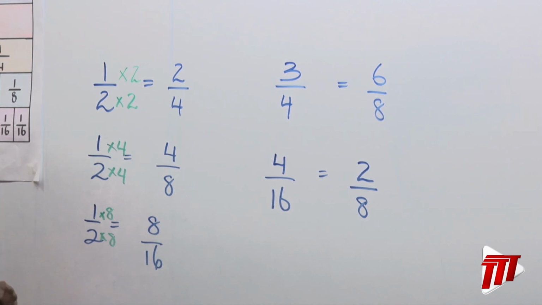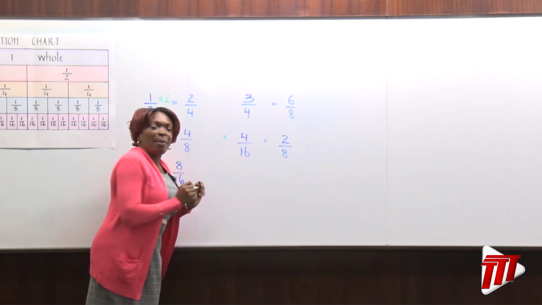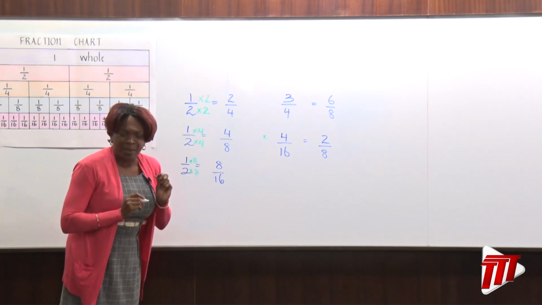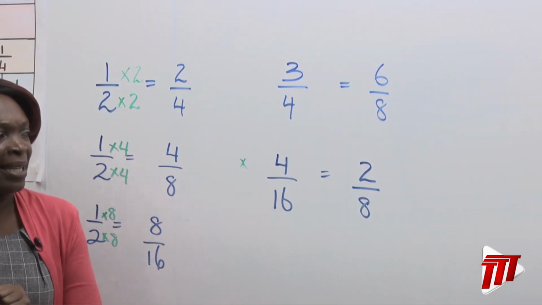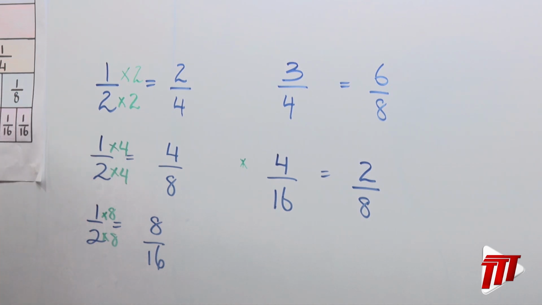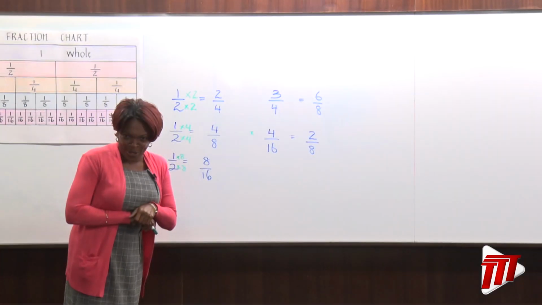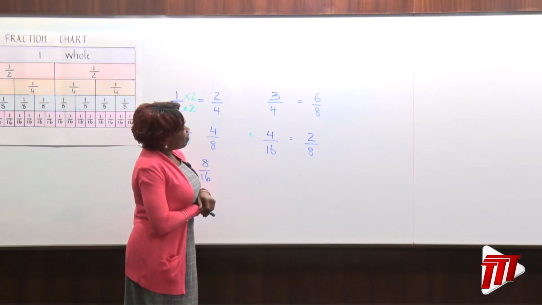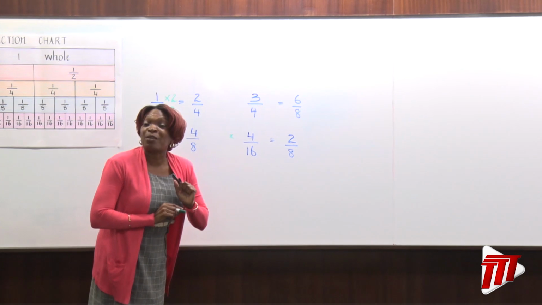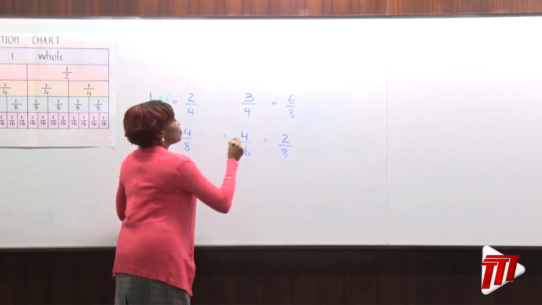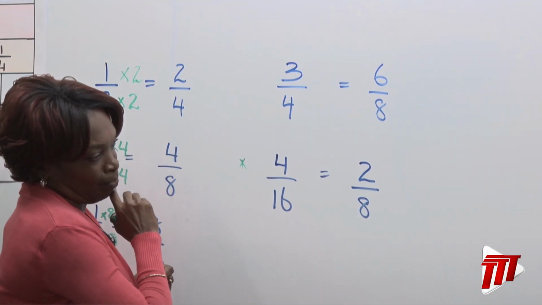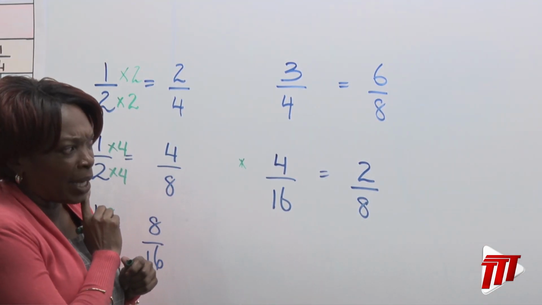Let's look at this special one here. Remember, this was the one we did in reverse? What can we do to 4/16 to get 2/8? Do we multiply? I don't think so. What about doing the reverse? What about dividing? Let's try it. What number are we going to try?